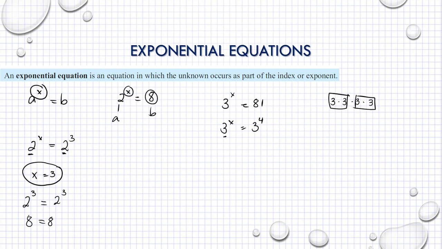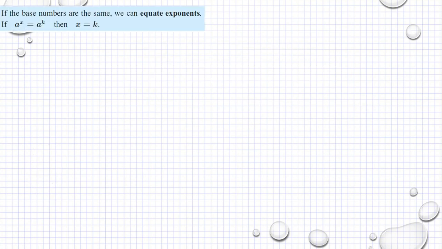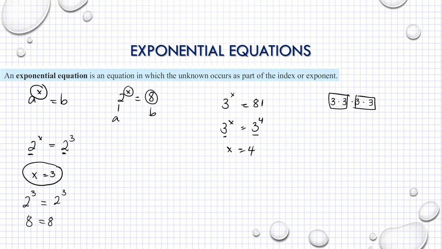So you have the same base now, so we have x is equal to 4. To summarize, if the base numbers are the same, you can equate the exponents as we did here.